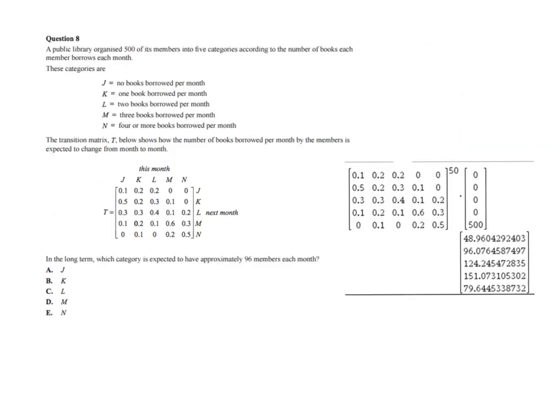Okay, this last one was also taken from, it might not be in your notes, but it's an exam from last year, 2018, sorry. And here we go. A public library organised 500 of its members into 5 categories according to the number of books they borrow each month.